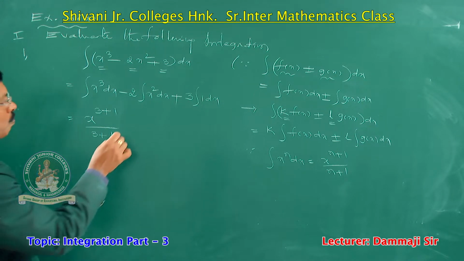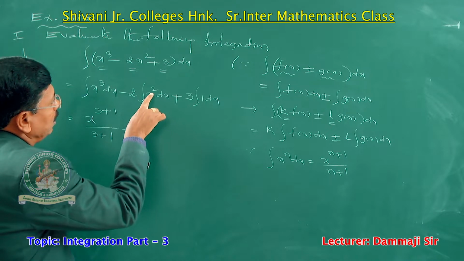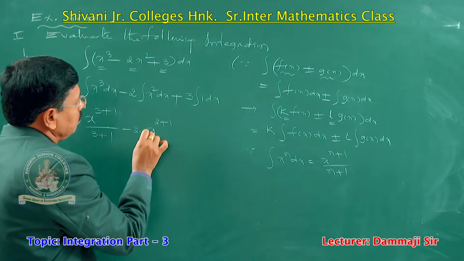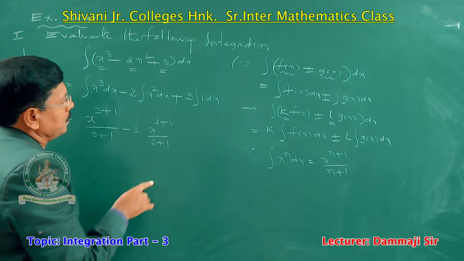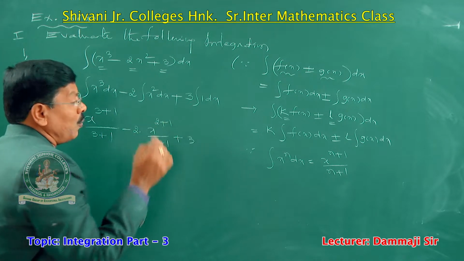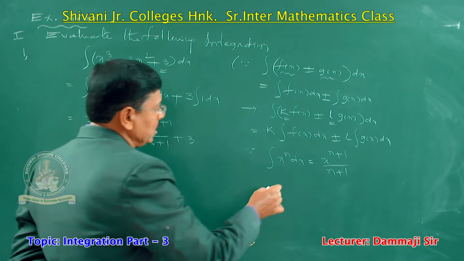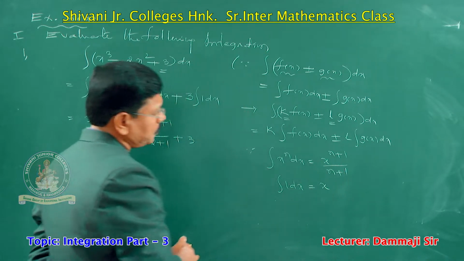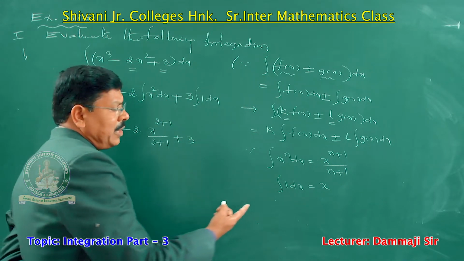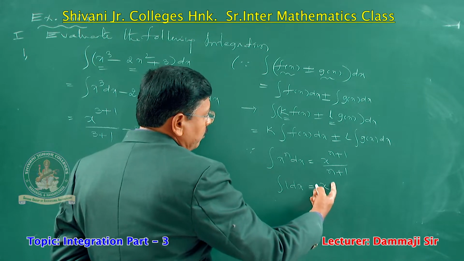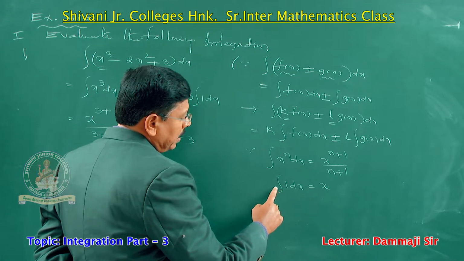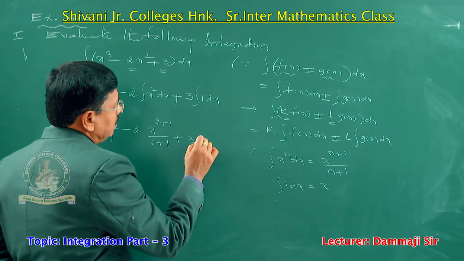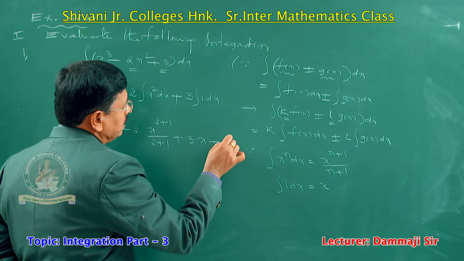Minus 2 into the result x power 2 plus 1 by 2 plus 1, plus 3 times the integral of 1 dx. Integral of 1 dx is x only. According to derivatives, the derivative of x is 1, but the integral of 1 dx results in x plus c.